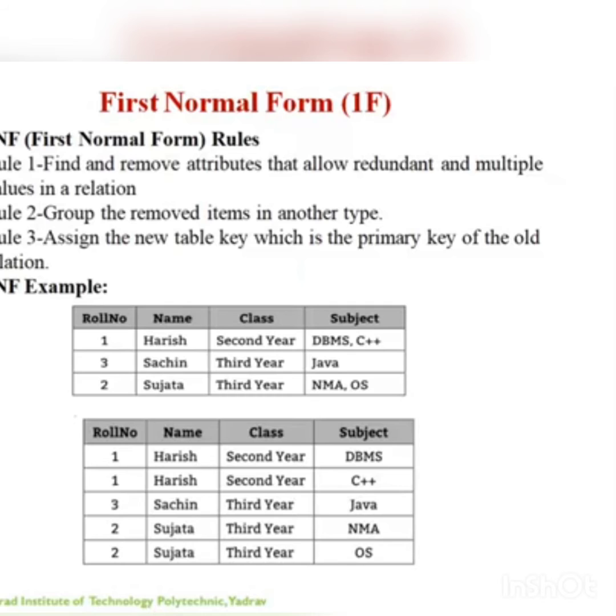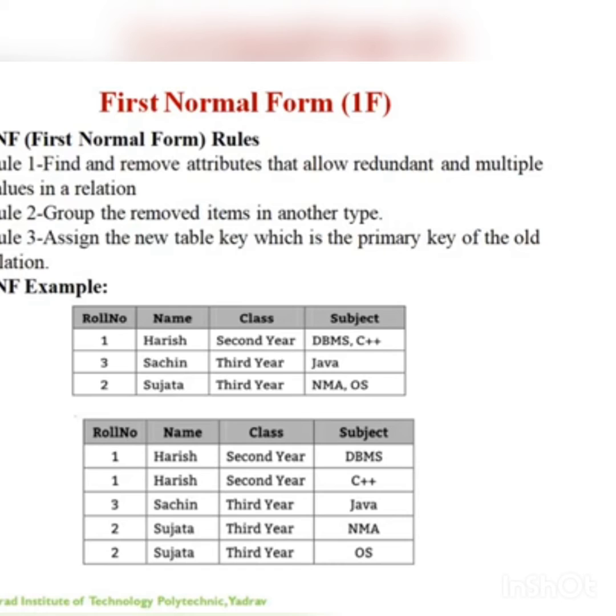What have we seen in the first normal form? What are the requirements to satisfy the first normal form, and what are the rules to apply on the first normal form? Here you can see the example of first normal form. See the first table.